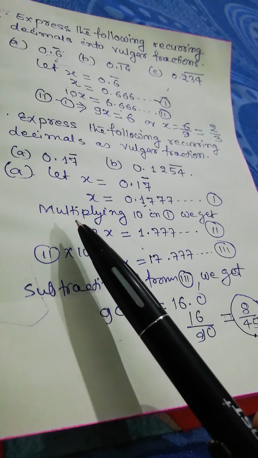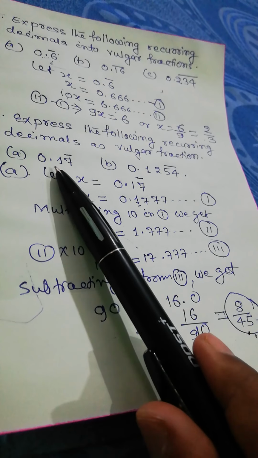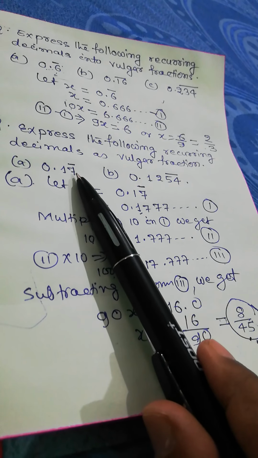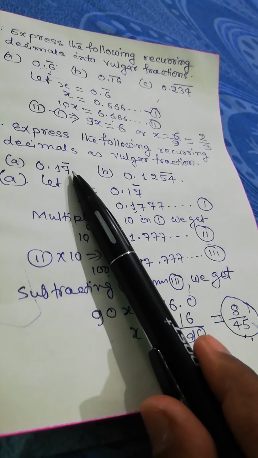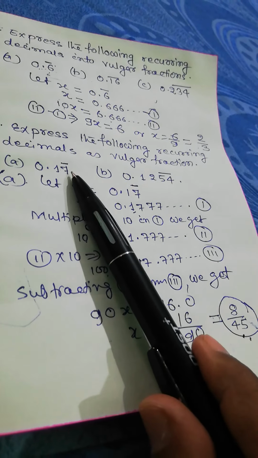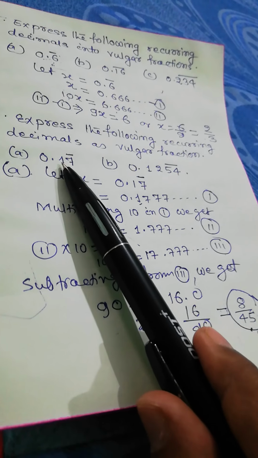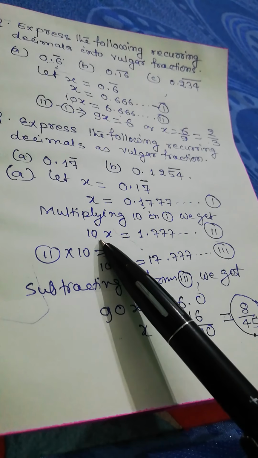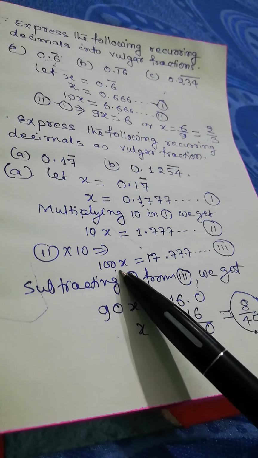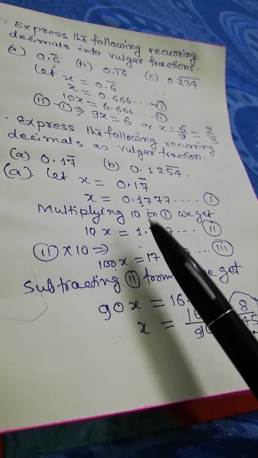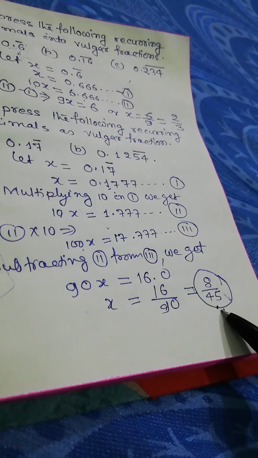And in this question, 0.17 dash is a mixed recurring decimal, because after the decimal point there is a digit which is not repeating. That's why first we multiplied by 10 and again by 100 to shift this one digit this side and 17 this side, and we get this result.